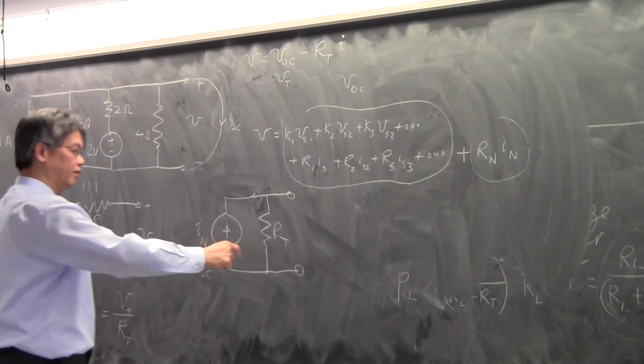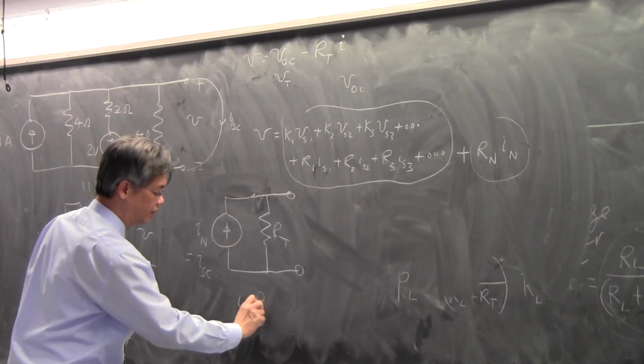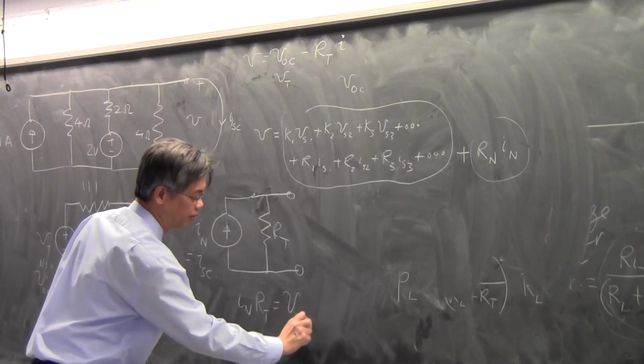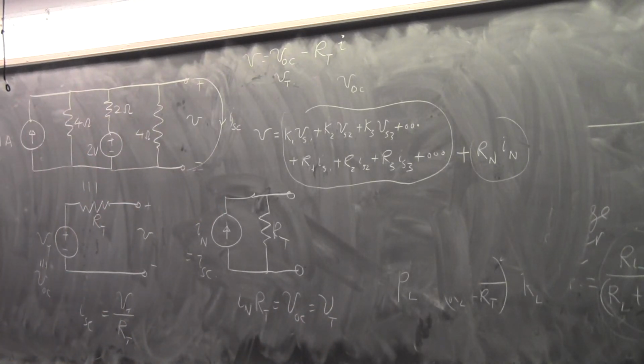And if you open circuit this, it must be RT, completely, and V open circuit must be V Thevenin. So these two are related in this very simple fashion. Okay? So the rest is hard work. You have to do the algebra to solve the network problem. I won't go through that with you. I just outlined the procedure. So you can find R Thevenin, V Thevenin, I Norton in this manner.